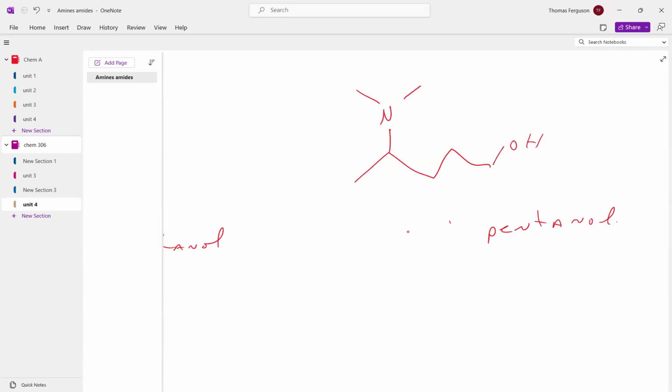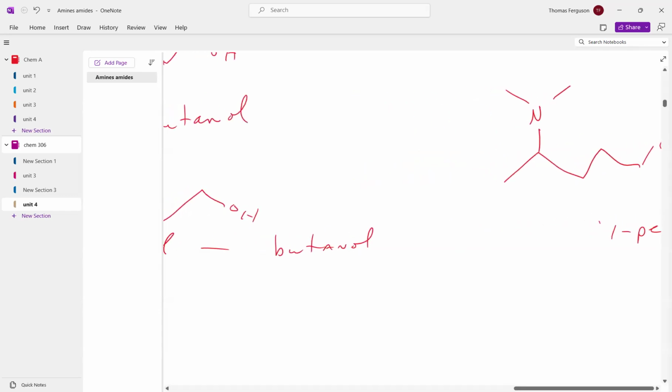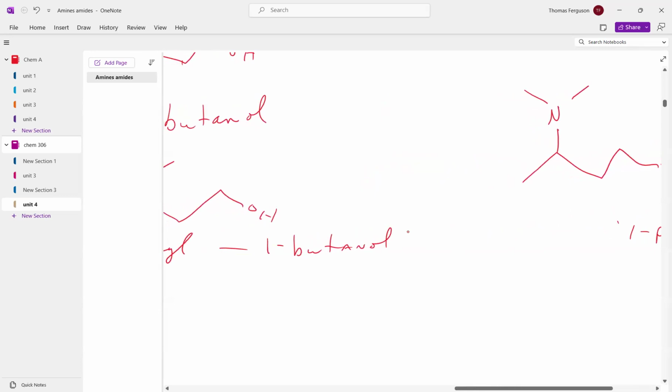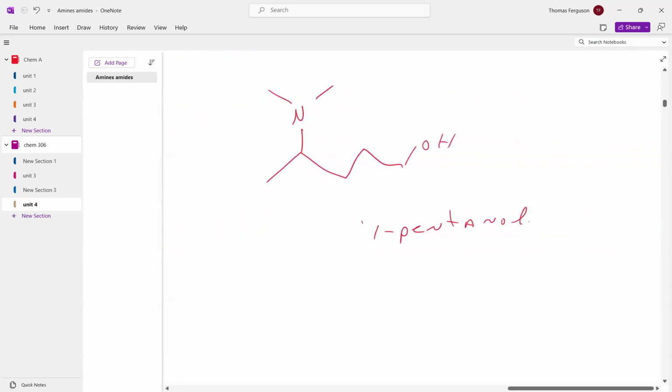Like that. How would you name that? Okay, it's 5 carbons, primary alcohol. Okay, so we have 2 methyl groups coming off the nitrogen. So you would go N,N-dimethyl, 1-pentanol.